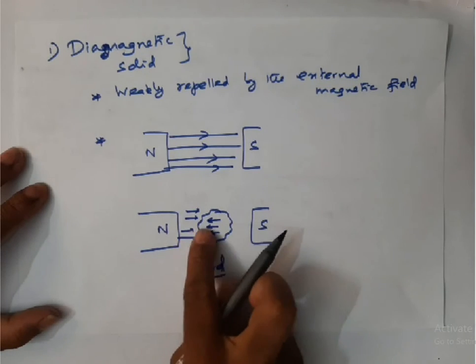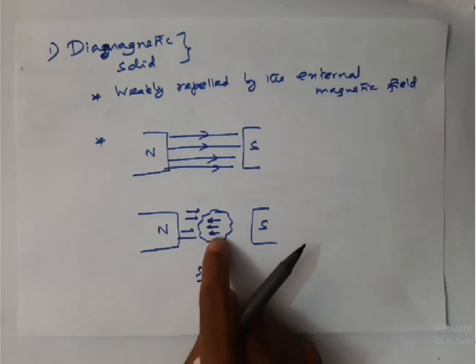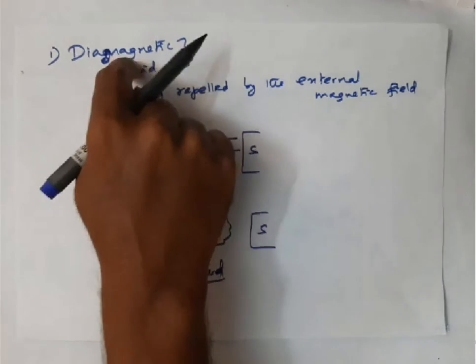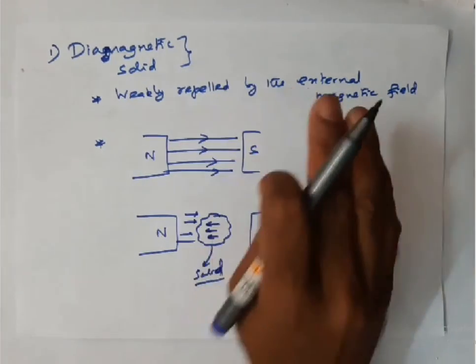It is opposing the external magnetic field. Whenever the magnetic field generated in the solid opposes the external magnetic field, the solid is repelled. We call this type of solid a diamagnetic solid. Diamagnetic solids are weakly repelled by the magnetic field.